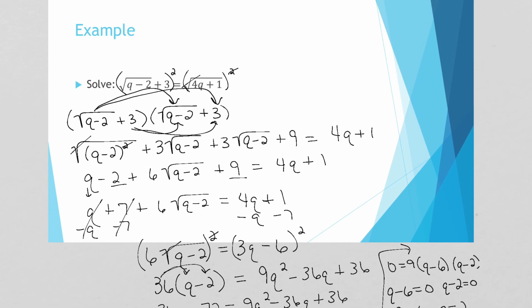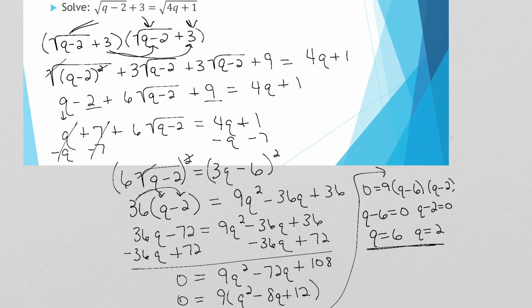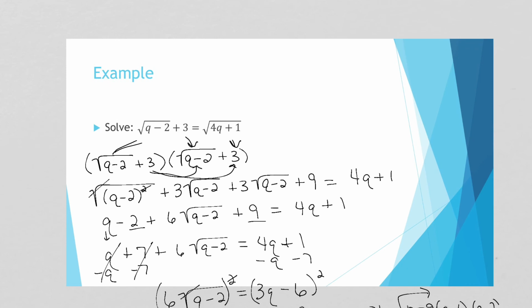You would go back to your original problem. I'm going to erase some of these marks up here so that I can see. And I'm going to write the answers up here. So I've got q is equal to 6 and 2. And we're going to try both of these solutions out. I've got a little bit of room right here. So I've got the square root of 6 minus 2 plus 3.